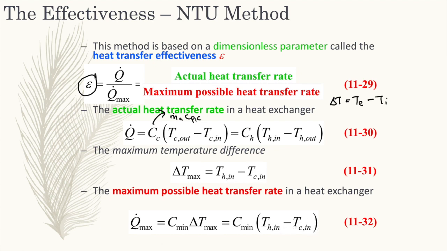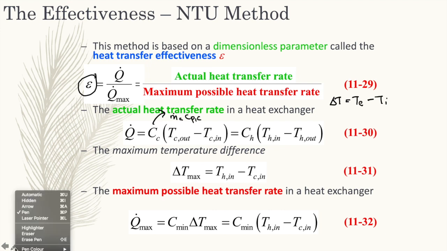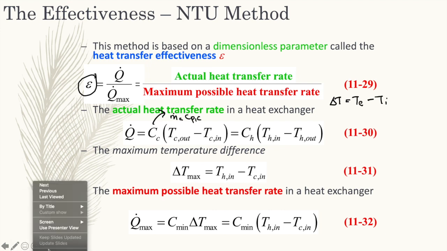Okay, for this, I have to explain a little bit more. Okay, I use a white screen. So in this equation, Q dot equal to CC times delta T, C out minus T C in.